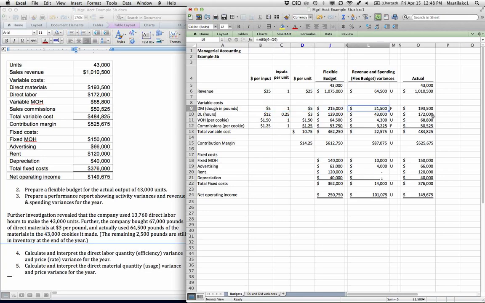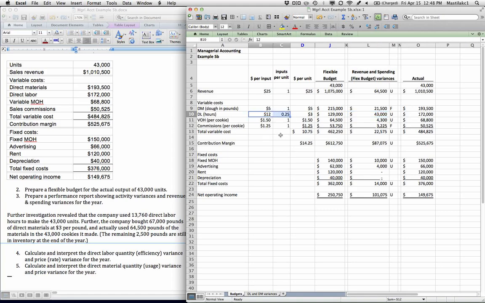If we think about these revenue and spending variances, let's just take direct labor for example. This direct labor variance of $43,000 can really be seen as happening for one of two reasons. Why did we spend $43,000 more to make 43,000 cookies than we should have?